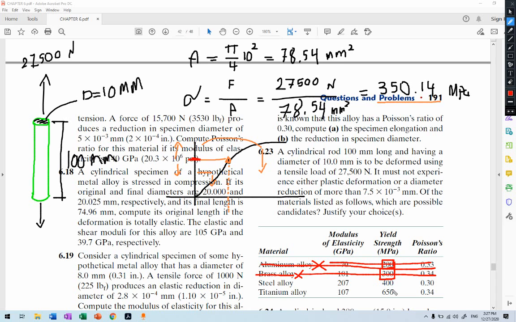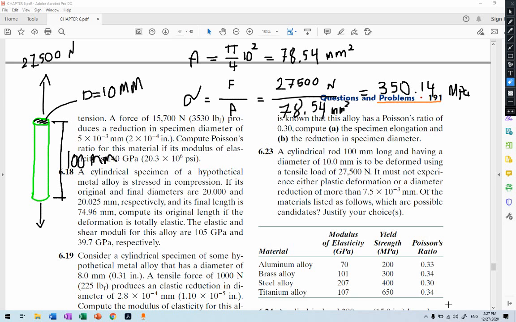Now, between them, we have to check something else. What will be the second criteria that we have here? The diameter change. It says that the diameter reduction delta D cannot be more than 7.5 times 10 to the power minus 3 millimeter.